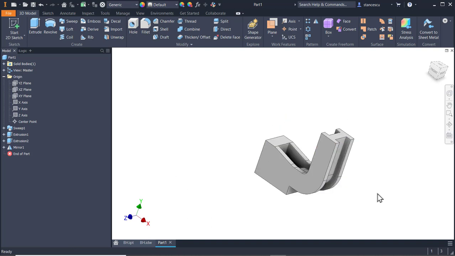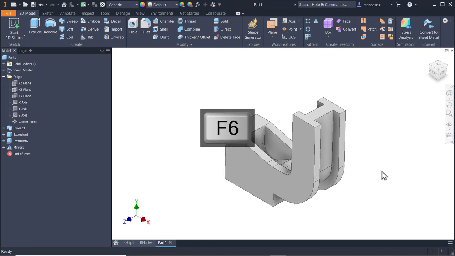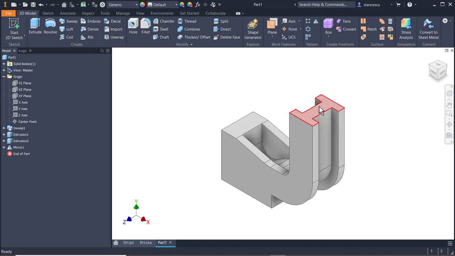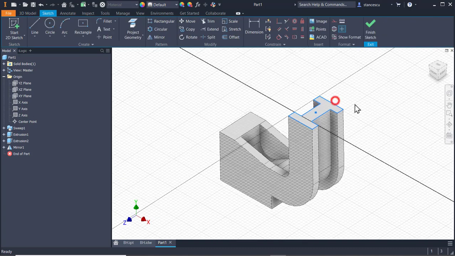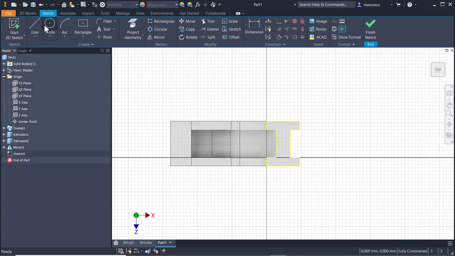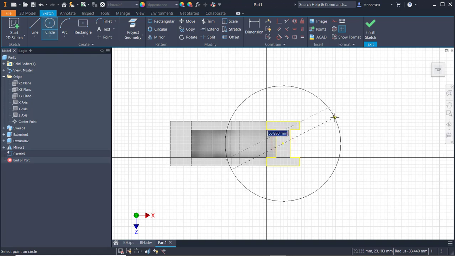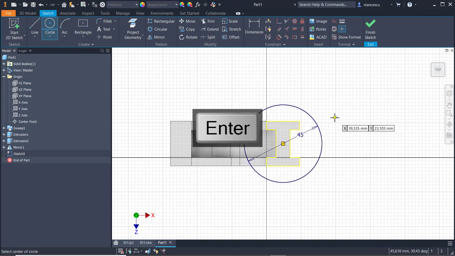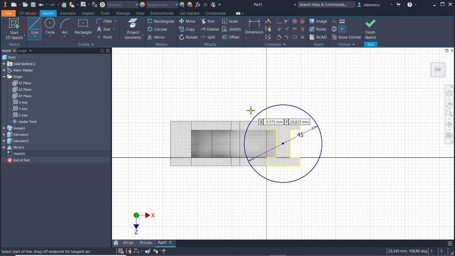Up. F7. F6. We create here a circle with the diameter 45. We draw a line and we identify its center with the center of the circle and the center point.